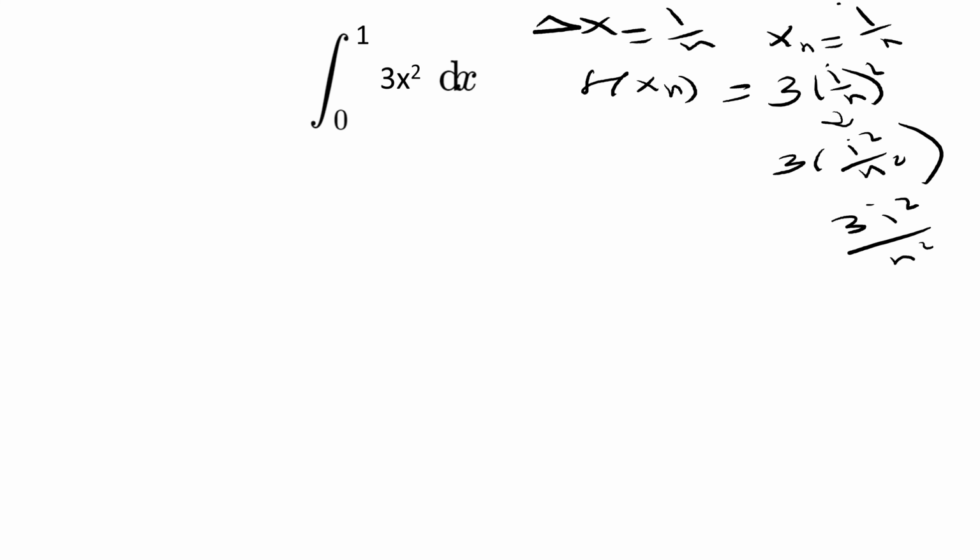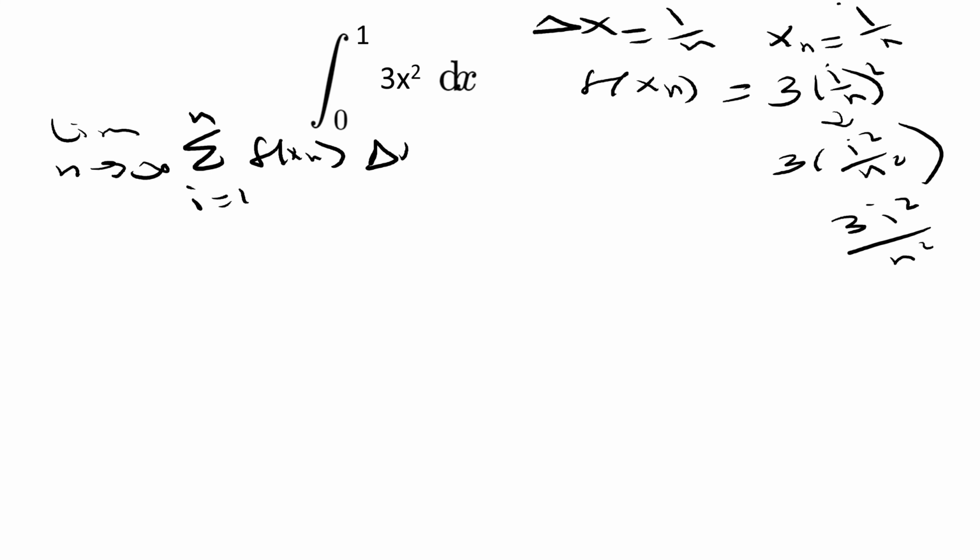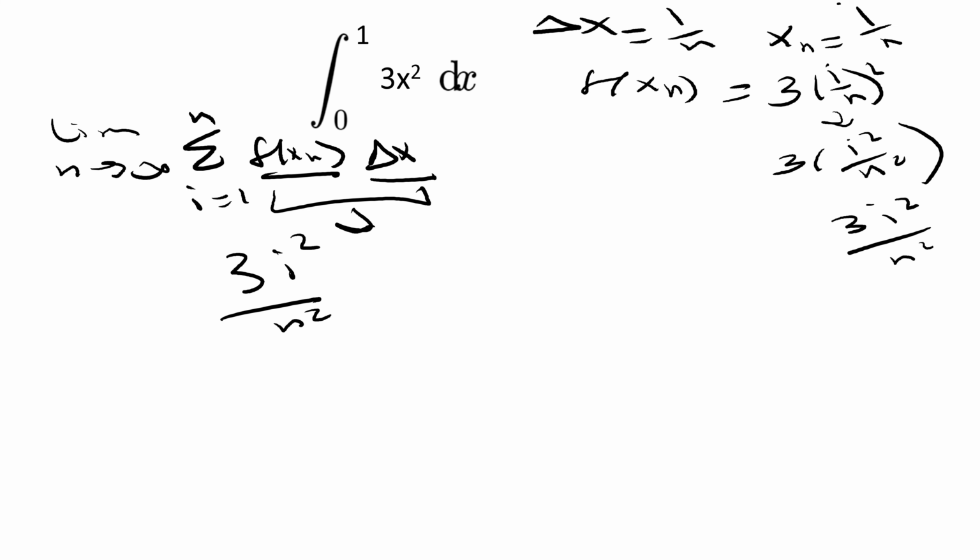And putting that in this equation, which is the limit as n approaches infinity of the summation from i equals 1 to n of f of xn times delta x, putting what we found in there, because we found f of xn and we found delta x, it would give us 3i squared divided by n squared times 1 over n, summation.